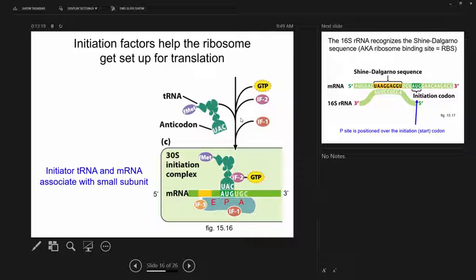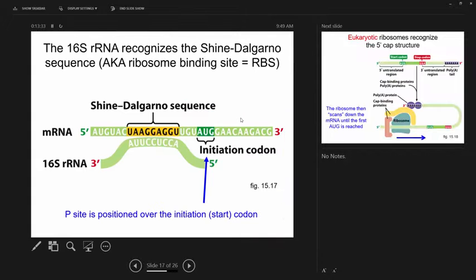So this gets set up and it goes right to where the start codon is. And the way it does that is by using one of the ribosomal RNAs that I was talking to you about, the 16S ribosomal RNA.